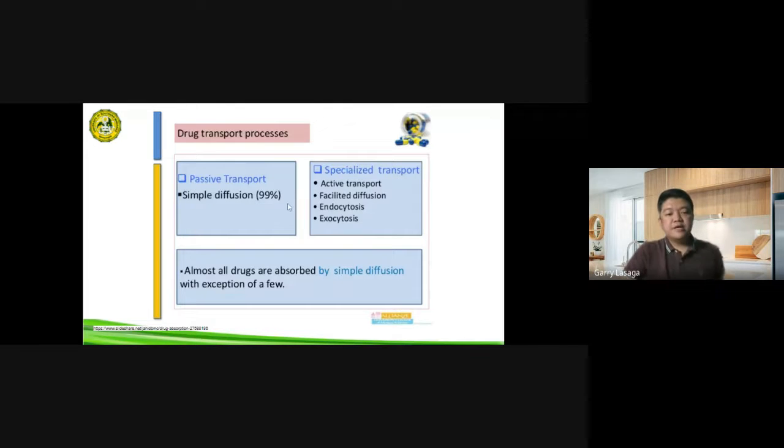About 99% or almost all drugs are being transported via simple diffusion. Other types of drug transport mechanism that require a transport system and require energy in order to materialize are active transport, facilitated diffusion, endocytosis, and exocytosis.